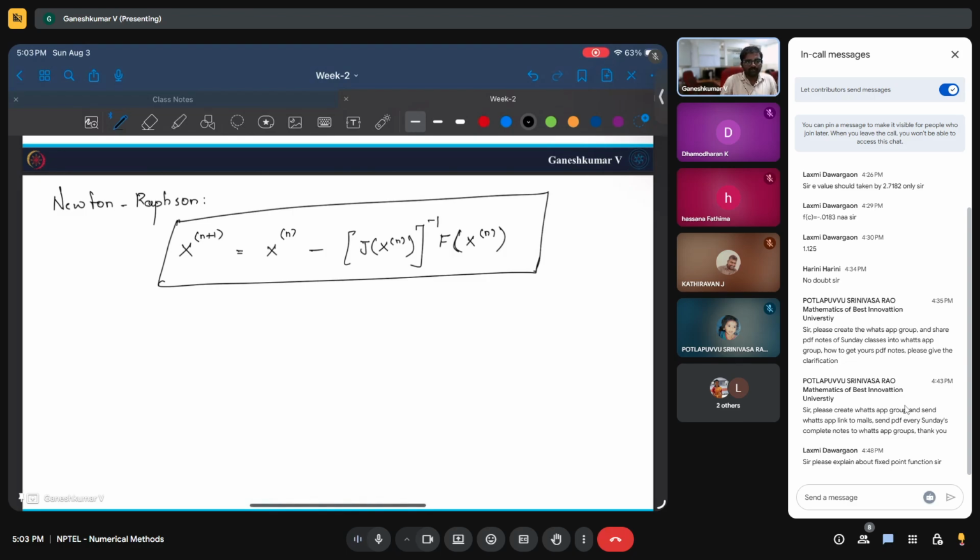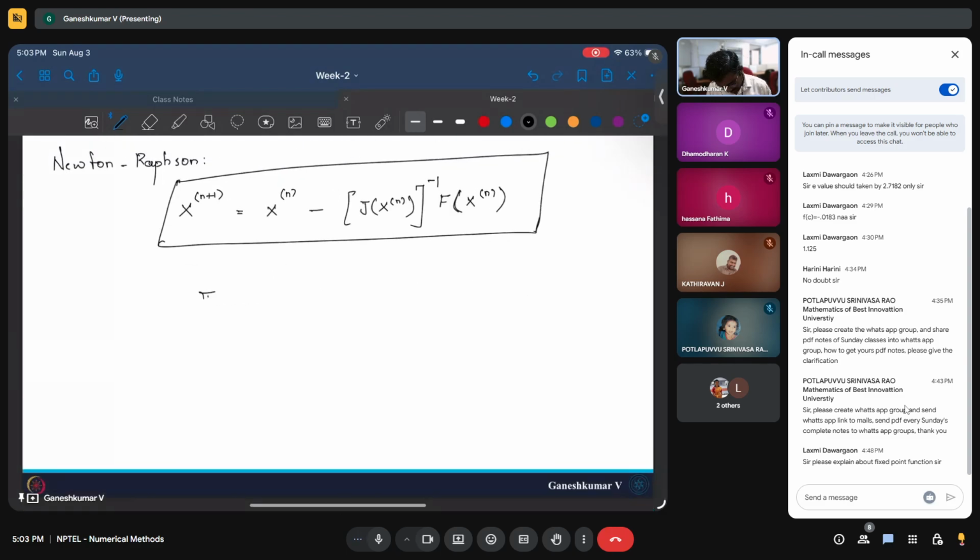But for this, you need to find the Jacobian matrix. How do you find it? The Jacobian matrix is nothing but dou f1 by dou x1, dou f1 by dou x2, dou f2 by dou x1, and dou f2 by dou x2.